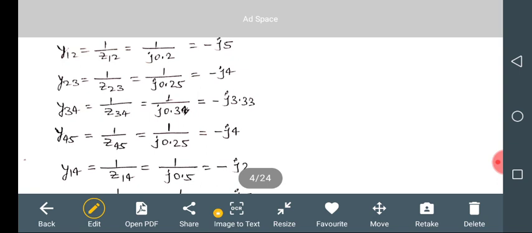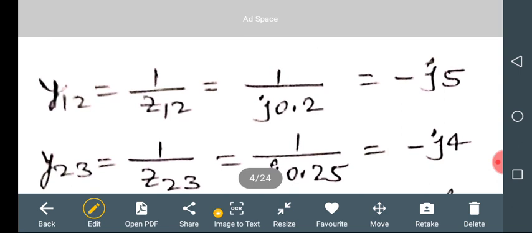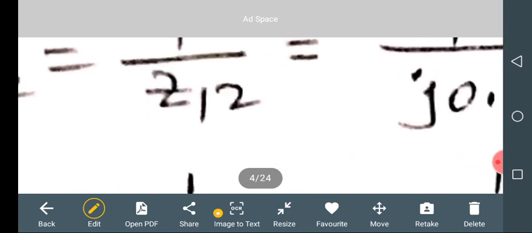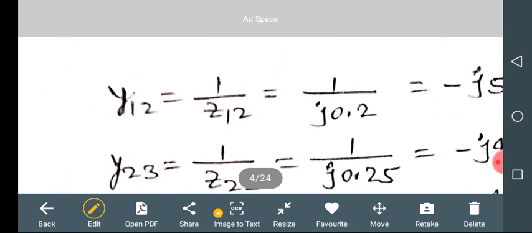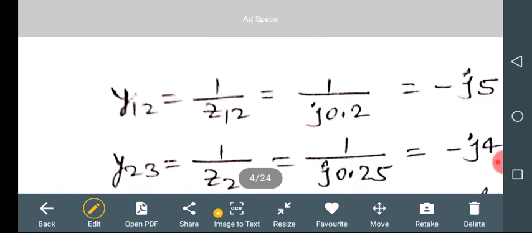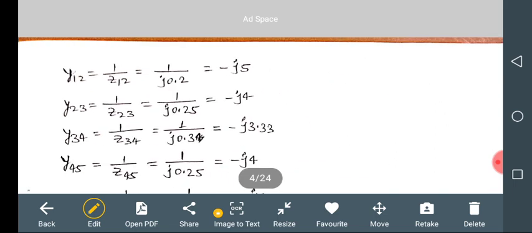Y12 will be equal to 1 by Z12. And now what is Z12? The Z12 is impedance between bus number 1 and bus number 2. That is, Z12 is line impedance, or we can say that series impedance value connected between bus number 1 and 2.